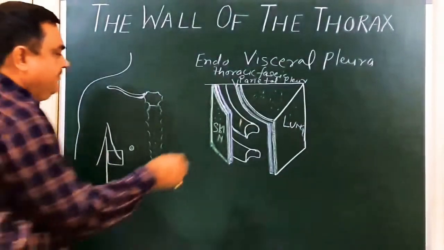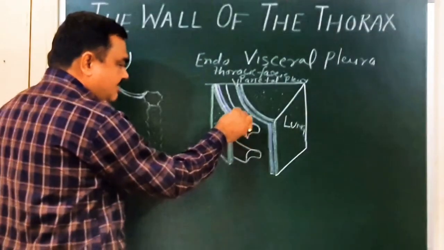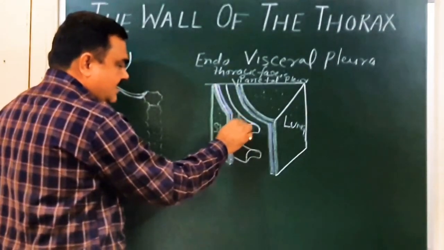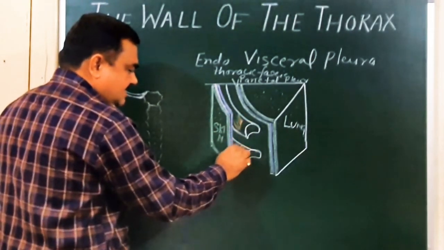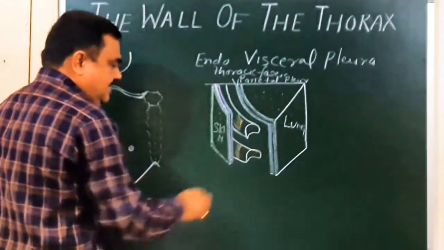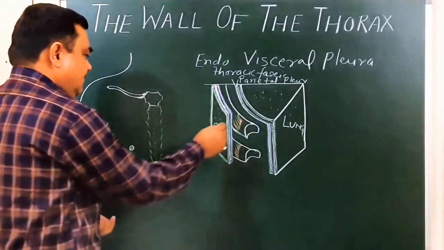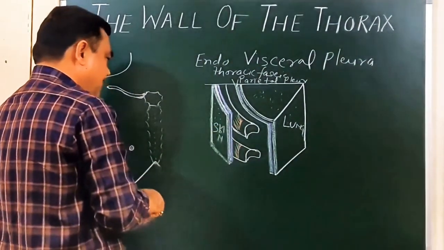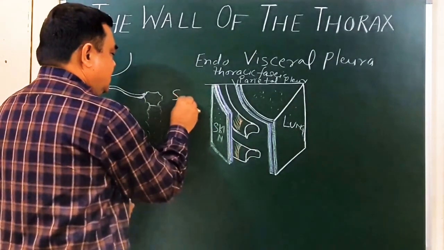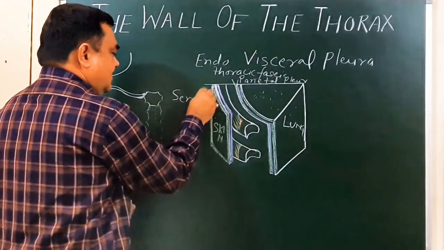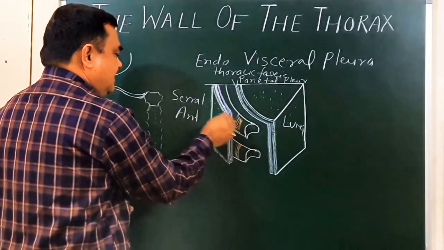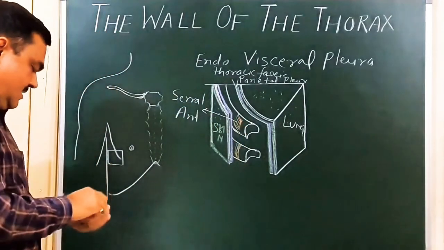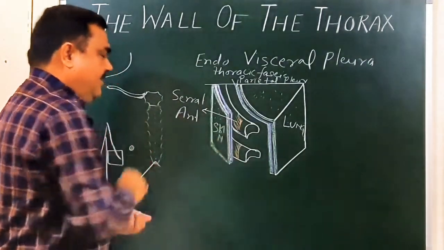On this side, there is attachment of muscle. This is serratus anterior muscle, attached with the rib.